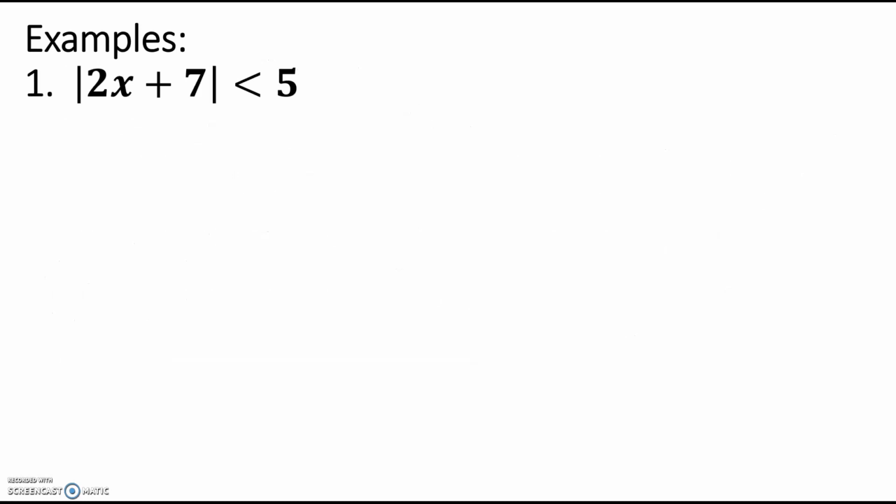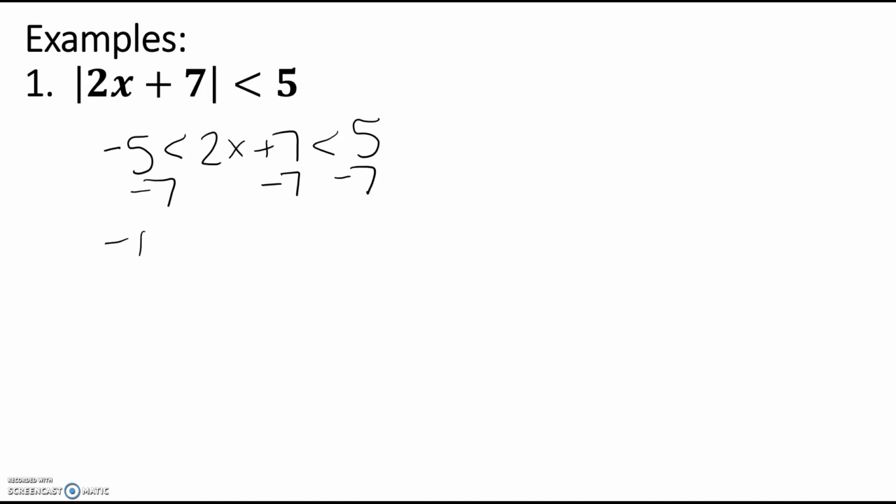Okay, my first example says the absolute value of 2x plus 7 is less than 5. So we're going to rewrite it with negative 5 less than 2x plus 7 less than 5. Remember when you solve "and" inequalities that you have to do everything to all three pieces. So I now have negative 12 less than 2x less than negative 2.